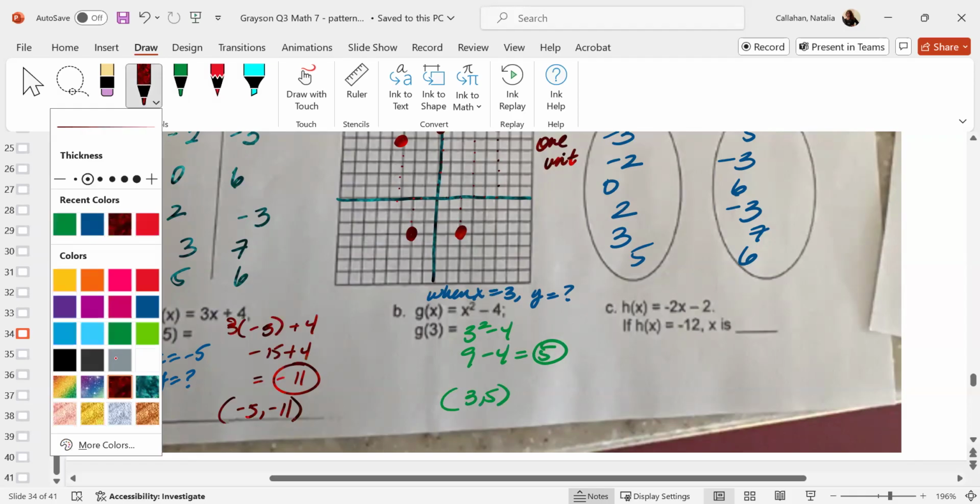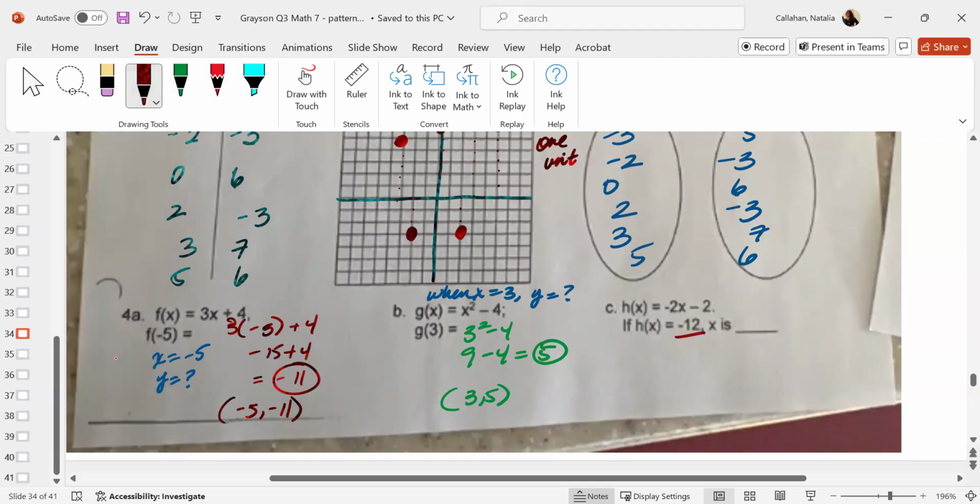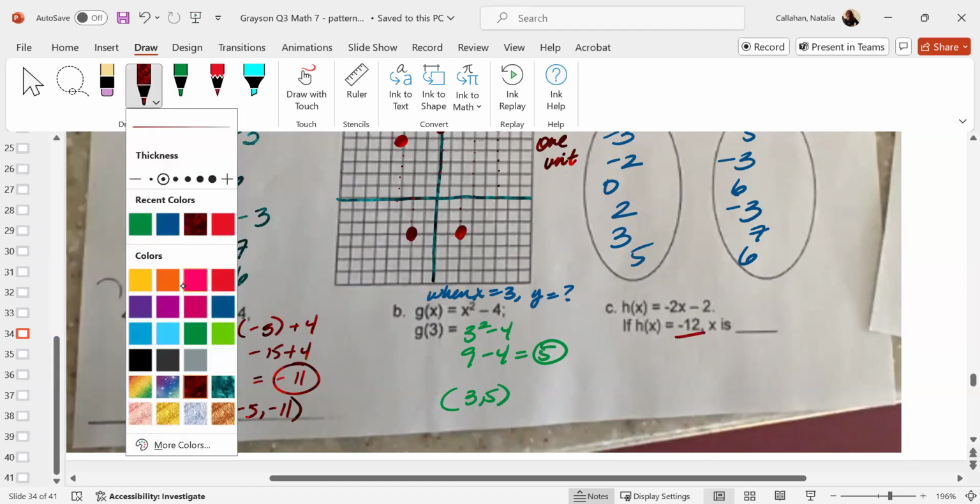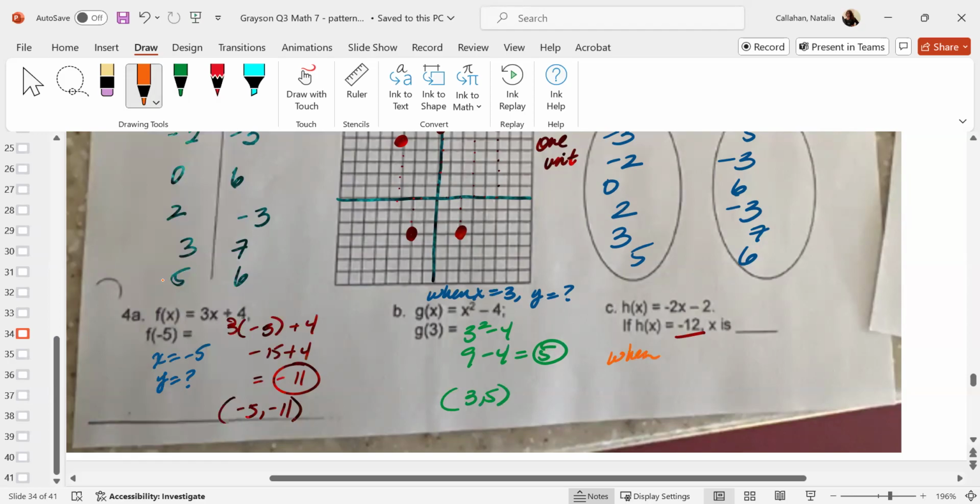The last one here is saying if h of x equals -12, is -12 going to be x or is -12 y? X. No. X is always inside the parentheses. Do you see that?